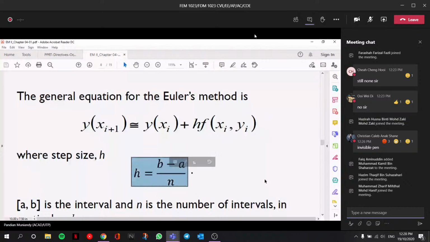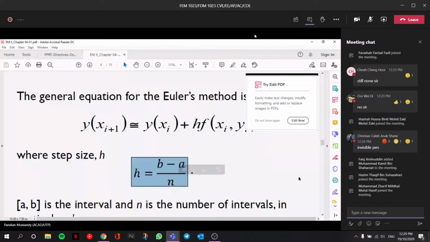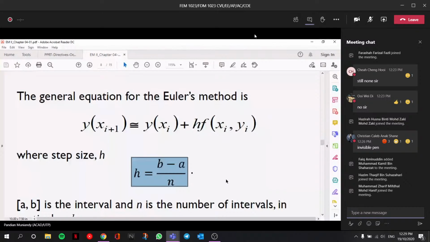Can you see it now? Can you see the highlighted one, class? Can, sir. Okay. So h is (b minus a) over n. I highlighted this.